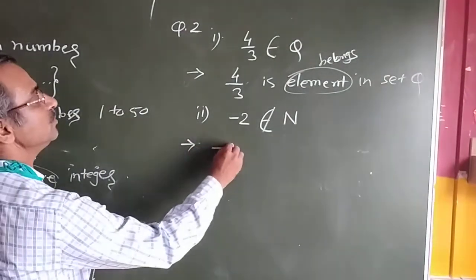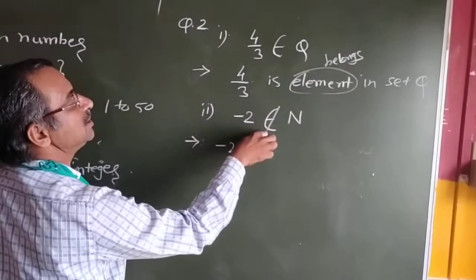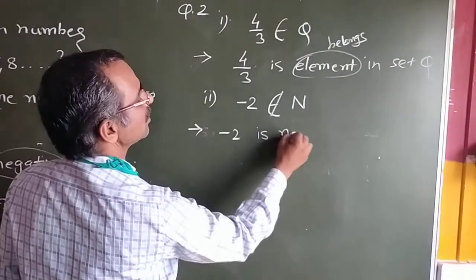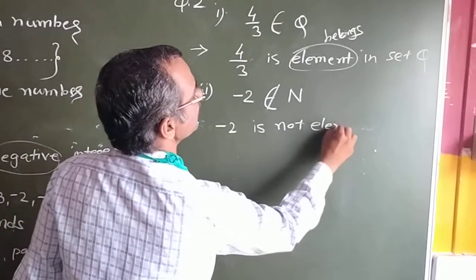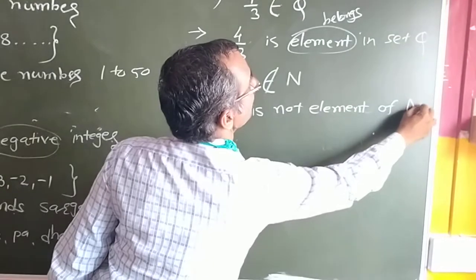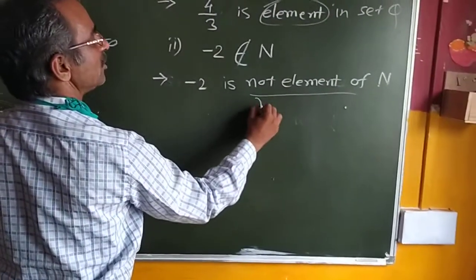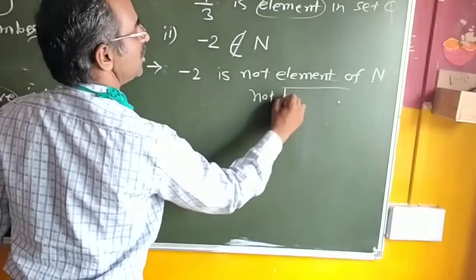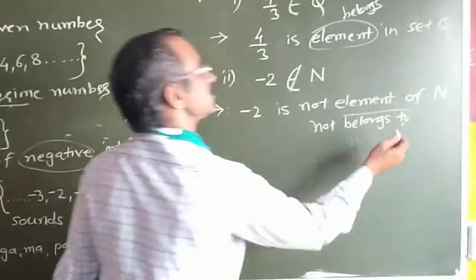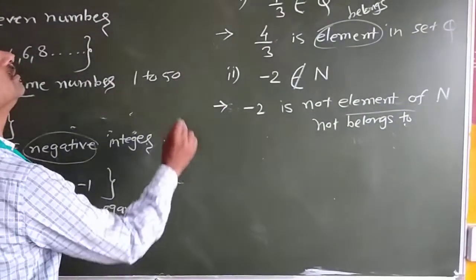Here -2 is not an element of N, or for this we write not belongs to. Both answers are the same. The meaning of both answers is the same.